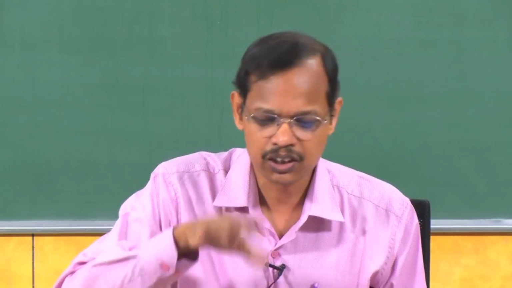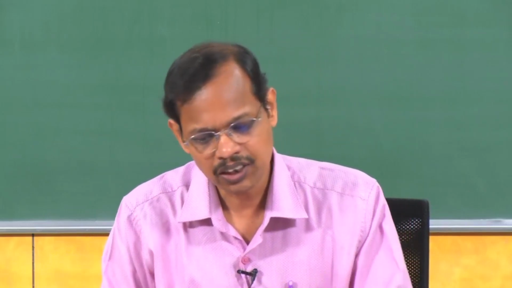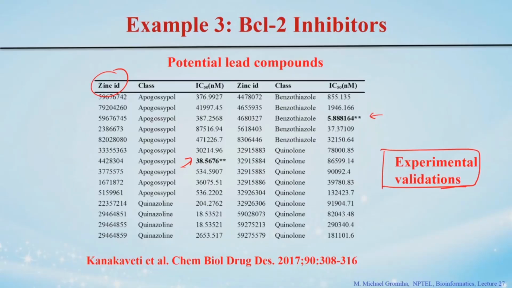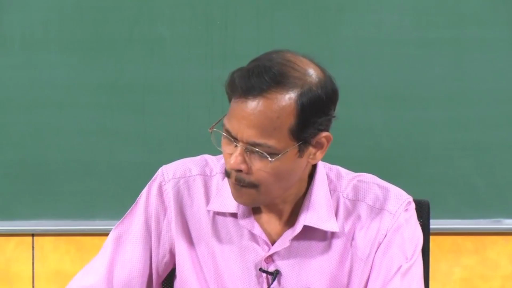Then you can use these particular equations, whether linear or non-linear, for identifying new compounds. Once we get the new compounds, finally all the compounds are subject to experimental validations. If you get good results, then you can go for the next level of experiments, and go for the clinical trials and so on.